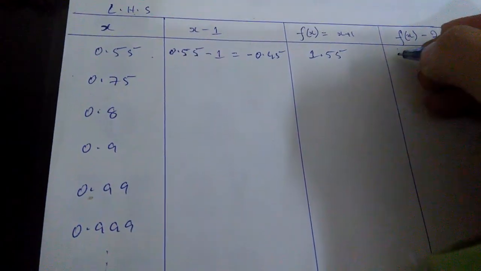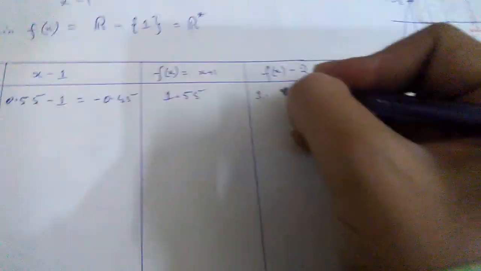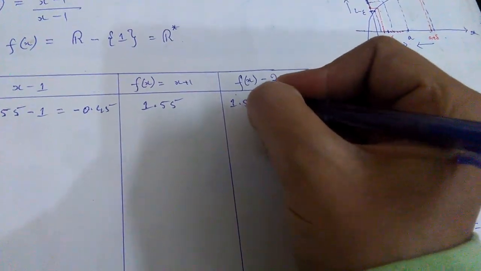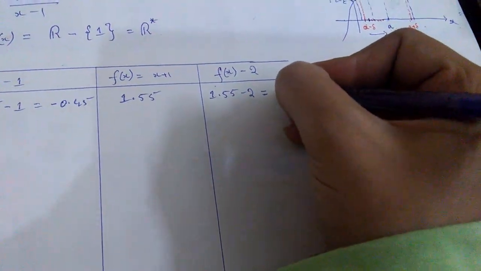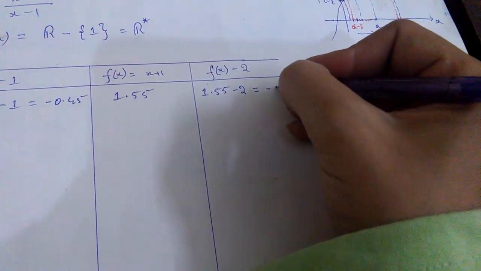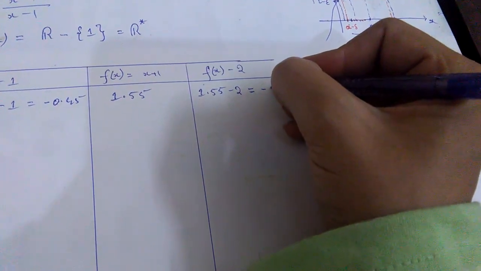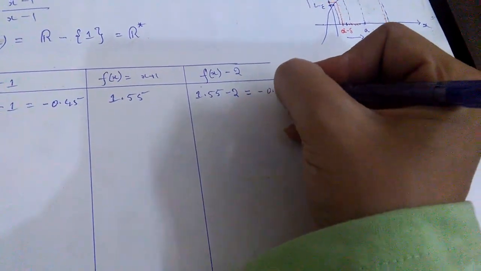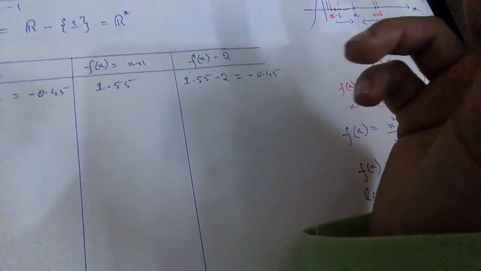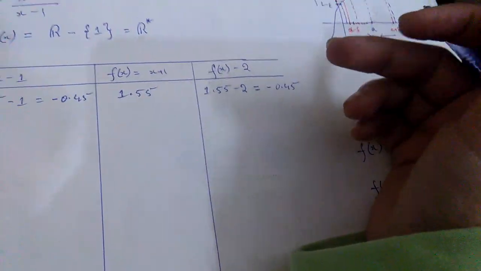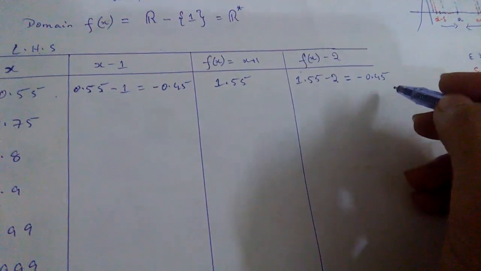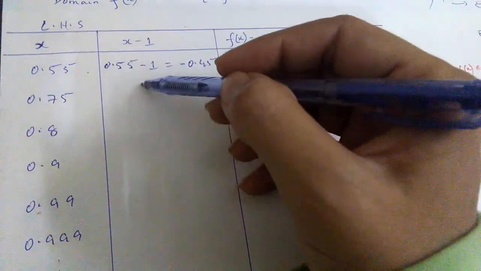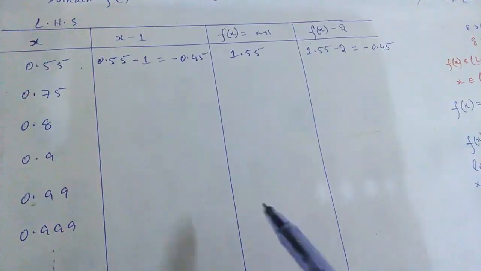Okay, and then 1.55 minus 2 is going to give me some negative value, of course, so again 0.45 once again. That's just a coincidence. We are having the same values in the differences. It's not necessary all the time, but here it's just a coincidence. But in the same way, we are going to perform the same action on all these values.